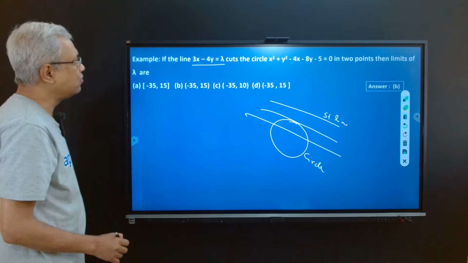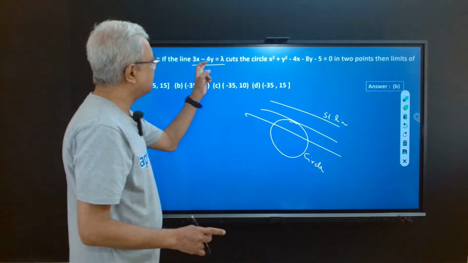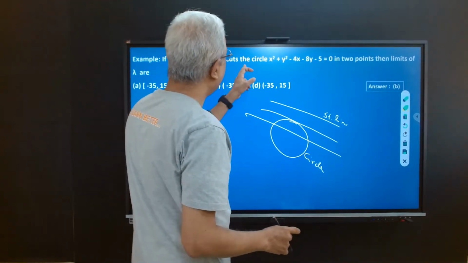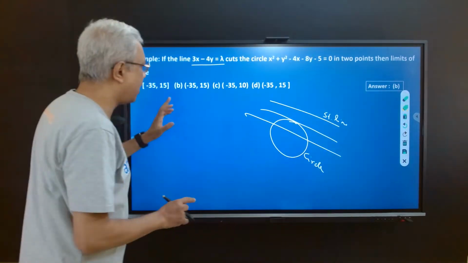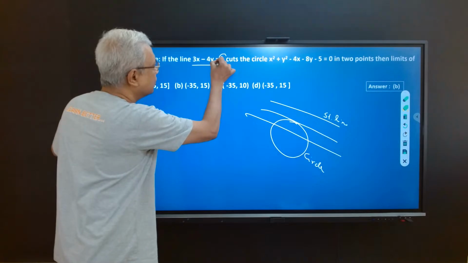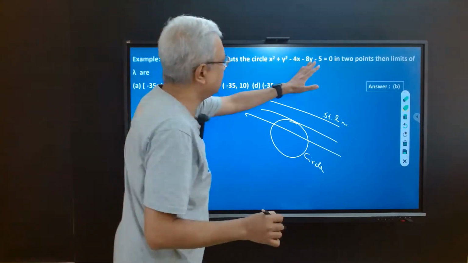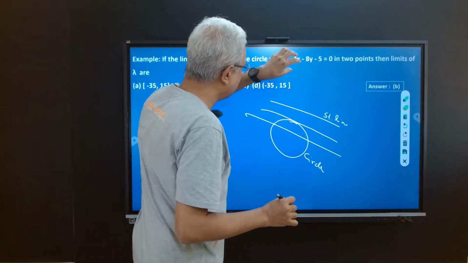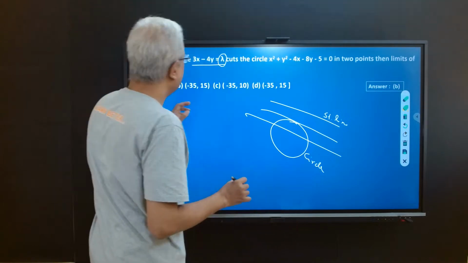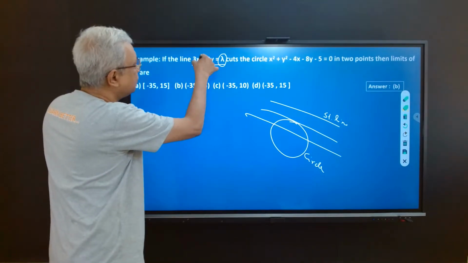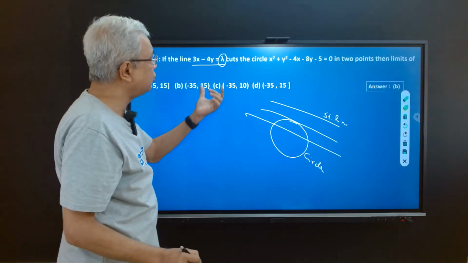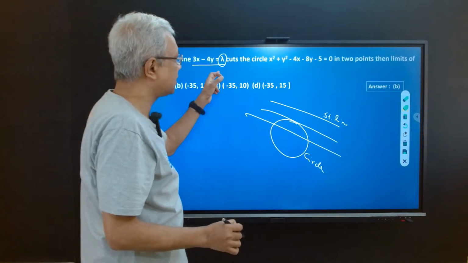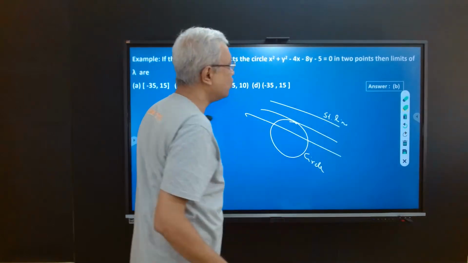Now, if the line 3x minus 4y equal to lambda cuts the circle in 2 points, then the limits of lambda are unknown. Here it is a definite equation of the circle, but not a definite equation of the straight line because lambda is unknown. So I have to find the range of lambda for which this straight line cuts the circle in 2 points.